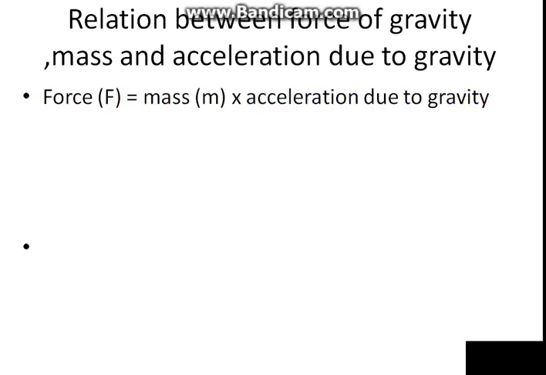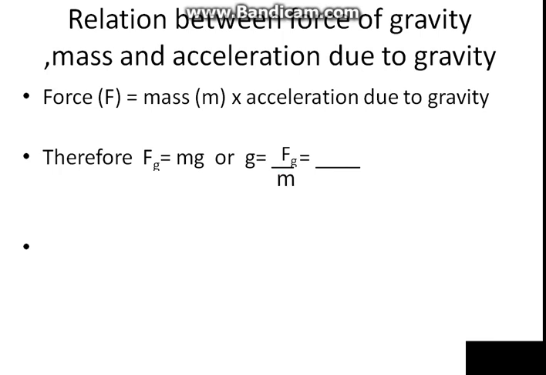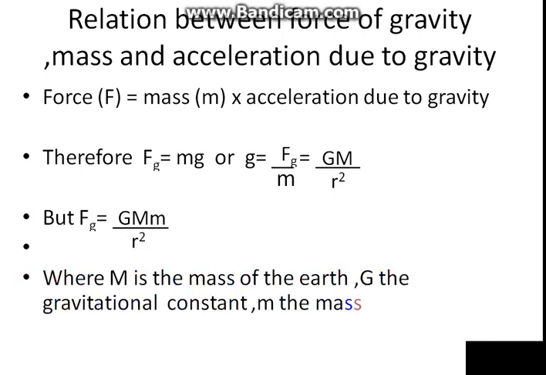Relationship between force of gravity, mass, and acceleration due to gravity. Force F is equal to mass m times acceleration due to gravity. Therefore, Fg is equal to small m times small g, or small g is equal to capital F over small m, which is equal to capital G times capital M all over r squared.